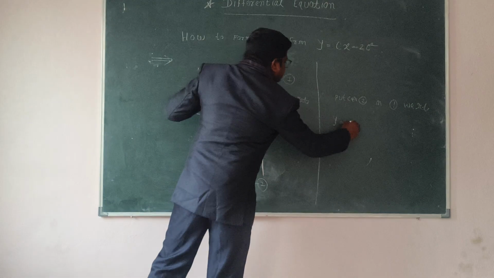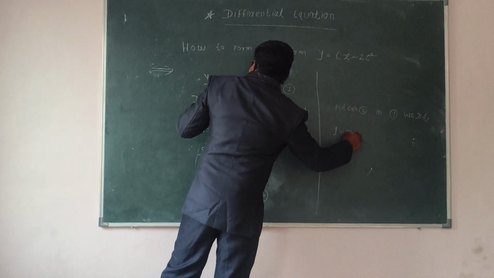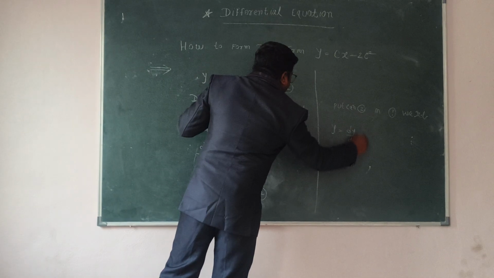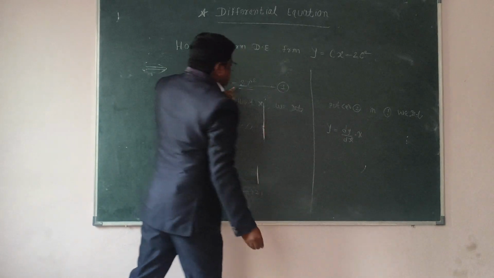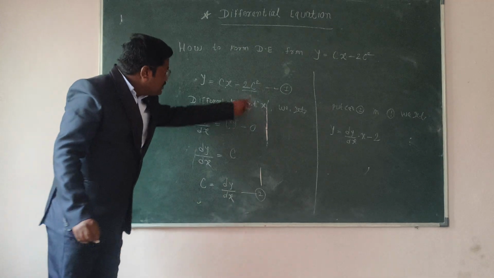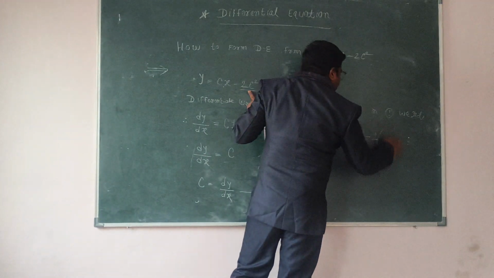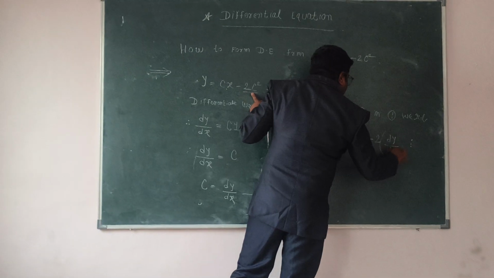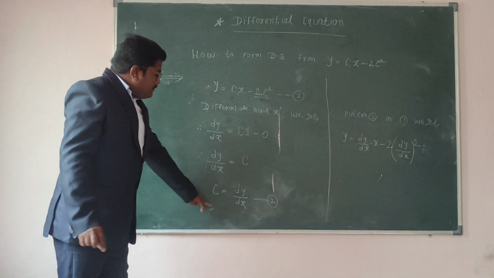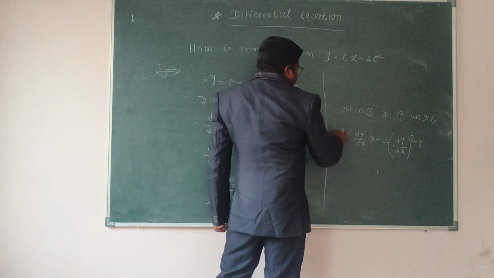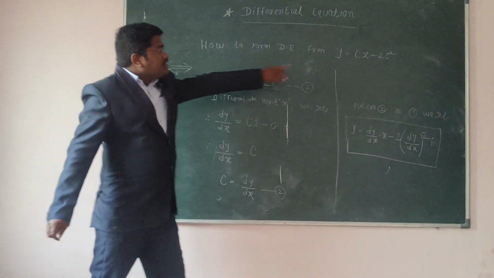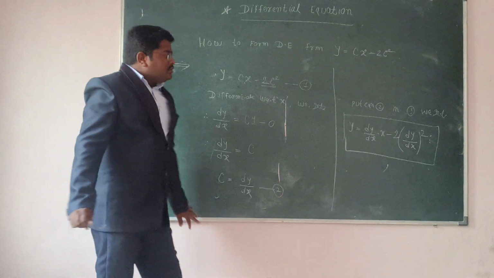So y is equal to dy by dx into x minus 2 as it is, where the value of c is put, into dy by dx whole square. This is the formation of the differential equation from the given general equation. So, next topic.